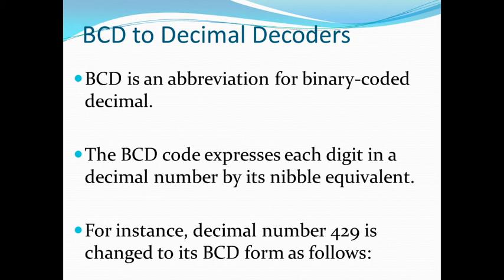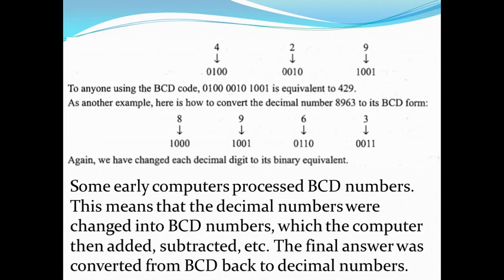Similarly, if the number is made from more than one digit, then each decimal digit should be converted into its nibble equivalent. For instance, the decimal number 429 is changed to BCD form as follows. Here I am putting it separately.